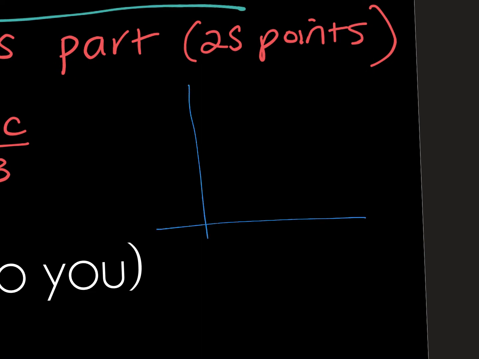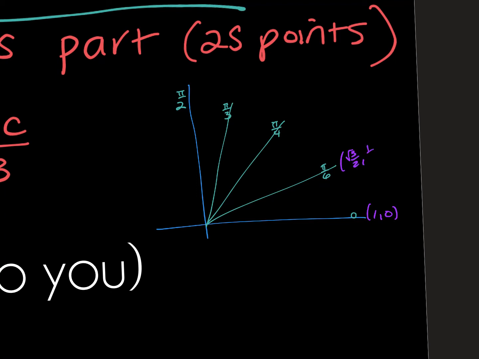You only need first quadrant. 0, pi over 6, pi over 4, pi over 3, pi over 2. Add the coordinate points: 1, 0; root 3 over 2, 1/2; root 2 over 2, root 2 over 2; 1/2, root 3 over 2; 0, 1.